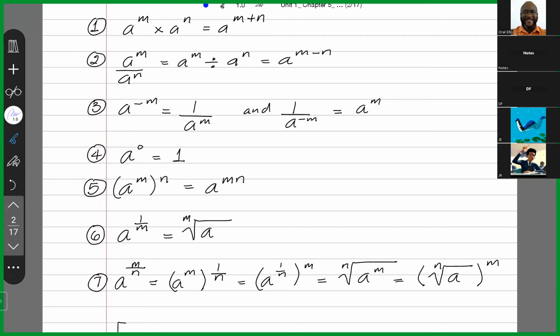So if you look carefully at 7, they are showing you different ways to express the 7th law of indices.